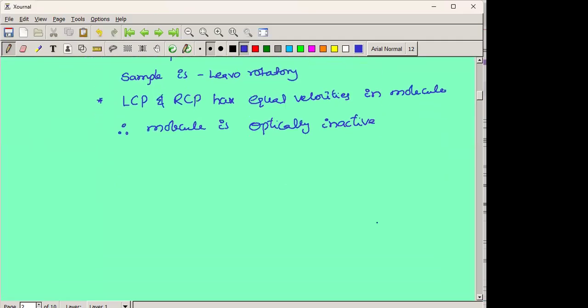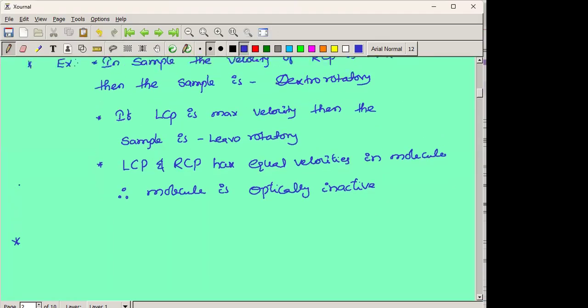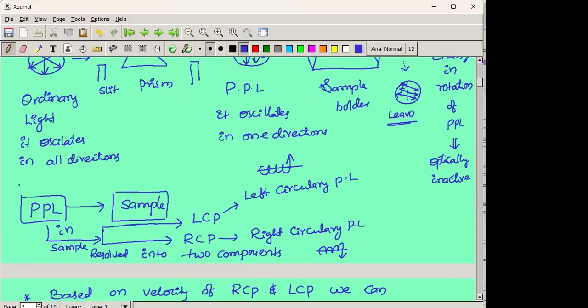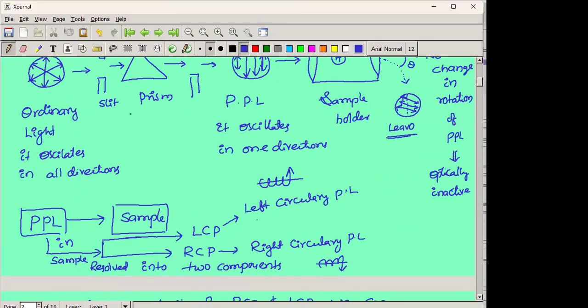Now, what is meant by specific rotation? Here, which kind of prism can we use? The nickel prism is used for the conversion of ordinary light into plane polarized light.